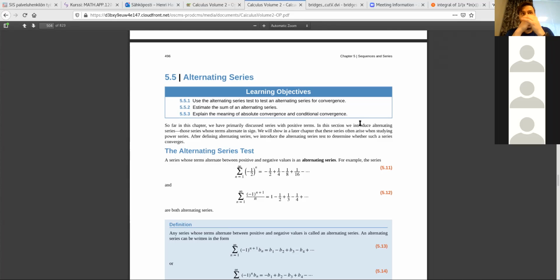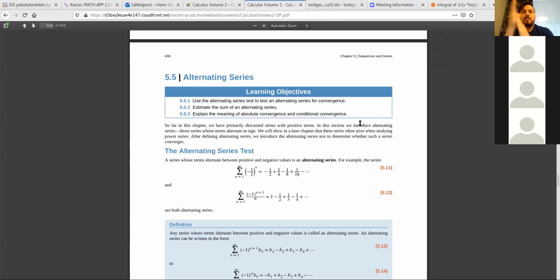For instance, if it alternates between 5 and -5, it doesn't have a limit. So that's going to be a little bit of a problem.